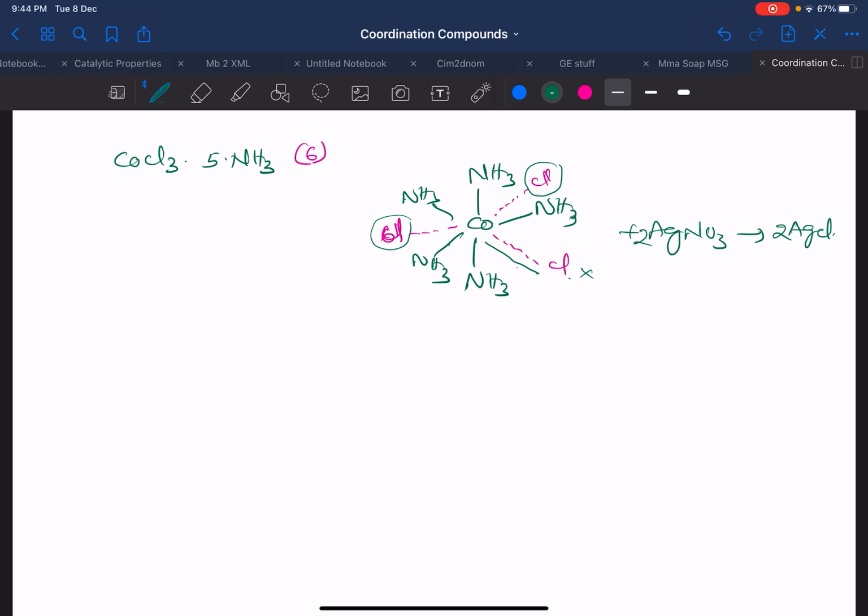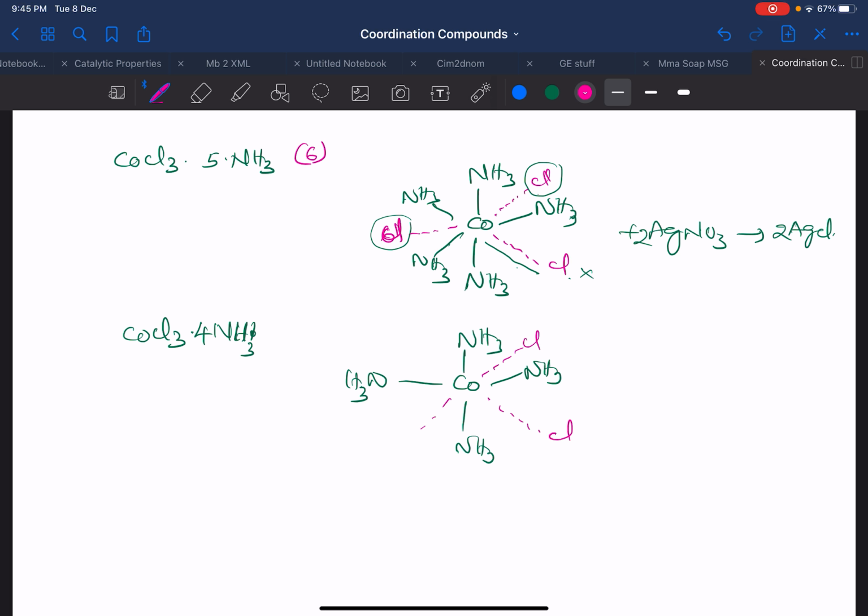Next is another compound, CoCl3·4NH3. That means Co is the central atom and 4 NH3 are present. There are 3 chloride ions involved in ionic bonding.